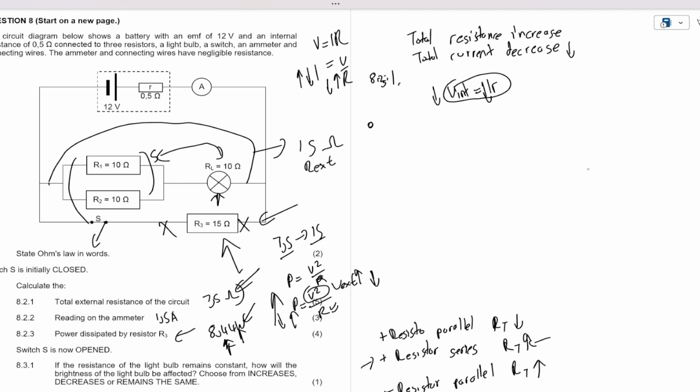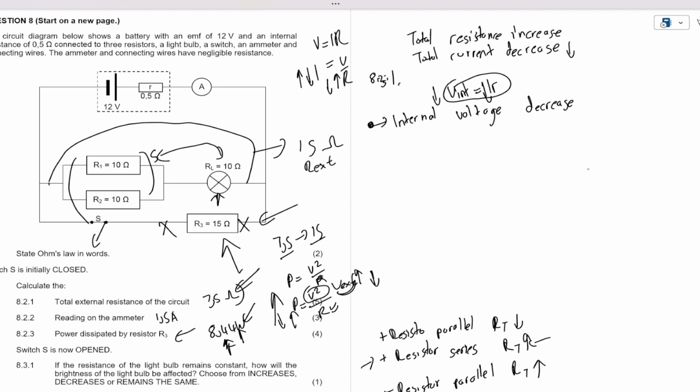Another statement that is very important is that the internal voltage decreases. That's an important concept. And what effect does the decrease of the internal voltage have on the V external?